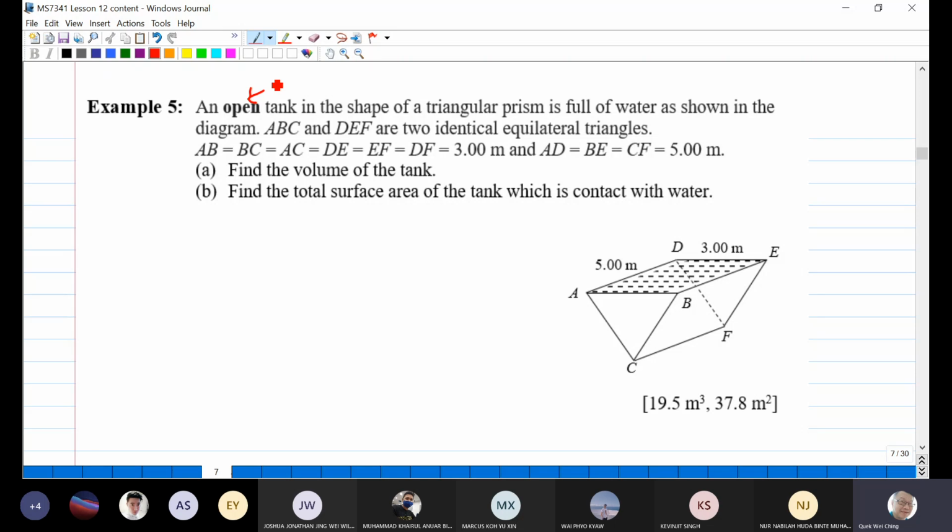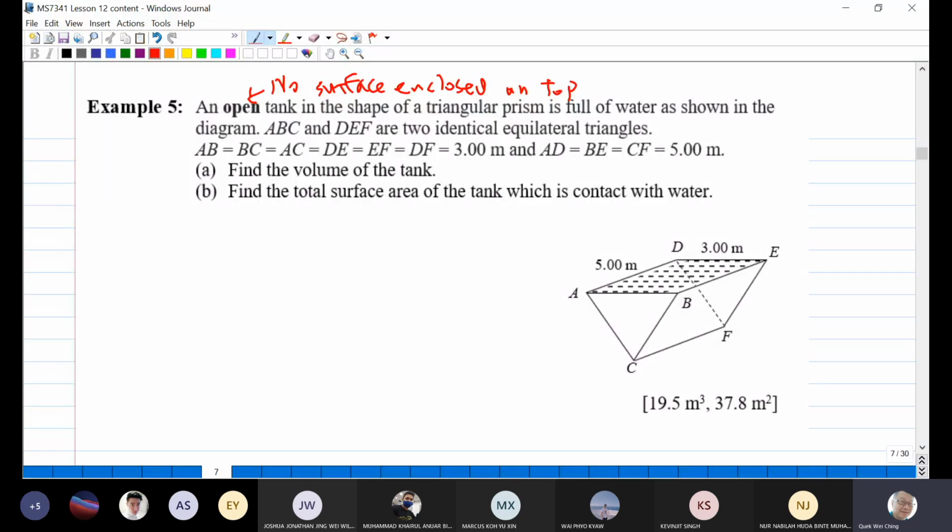Open tank means no surface on top, and you fill it up full of water.